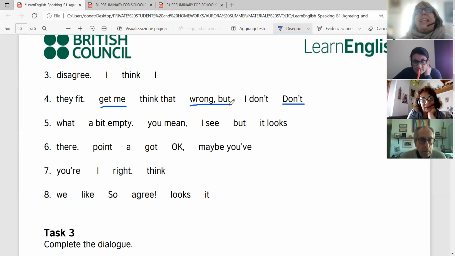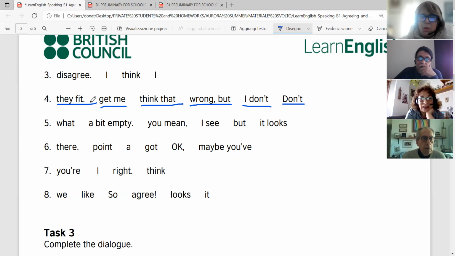But. It's not bad. But. La milanese. Yeah. But. I don't think that they fit. Yeah. Now repeat it all. Okay. Allora, don't get me wrong.